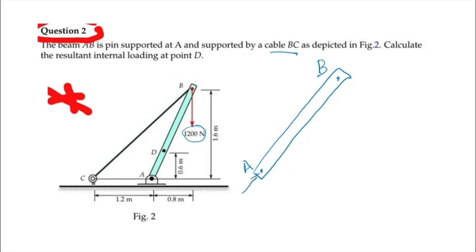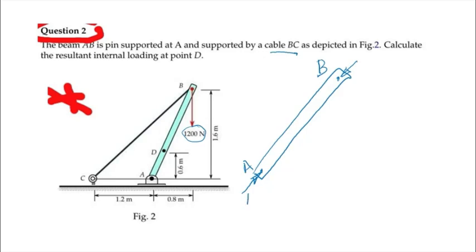The direction of the force is along the line AB and in the opposite direction. So we just draw AB without any external pins, then we have only two forces. So it's called a two-force member.